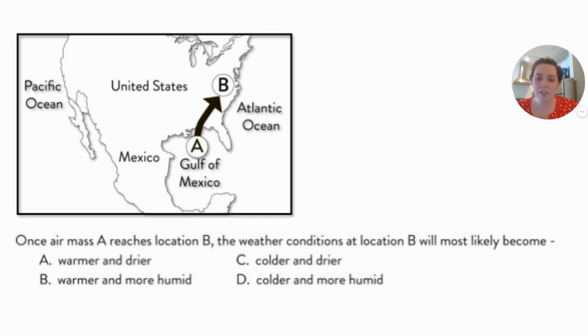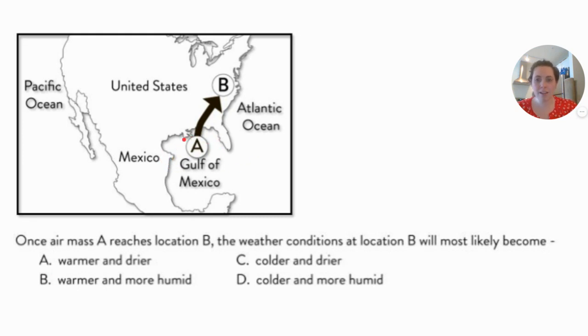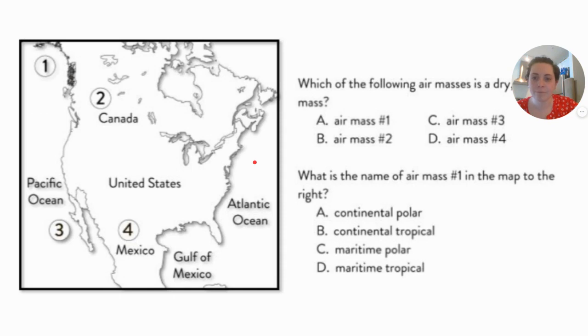So that air is going to be wet and humid. Because we're starting farther south, this is going to be considered tropical air. So it's going to be warm air, which means that our answer for this question is B. That air is going to be warm and humid. So it's forming right here and moving upward, and it's going to bring warm, humid air up to here.